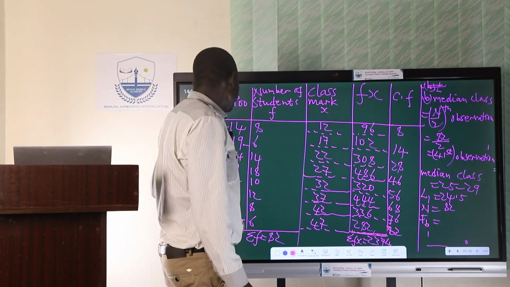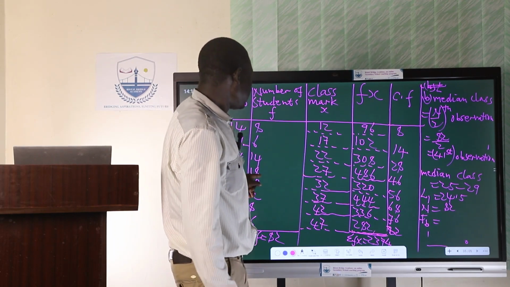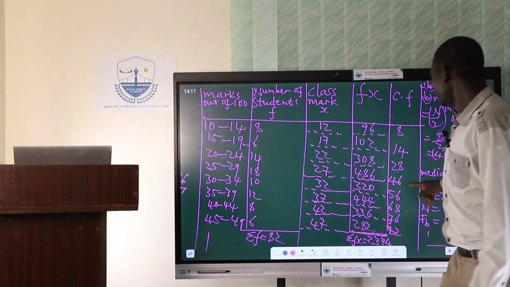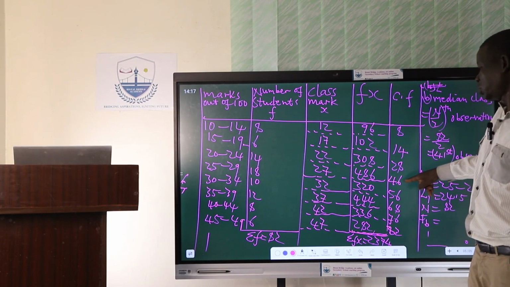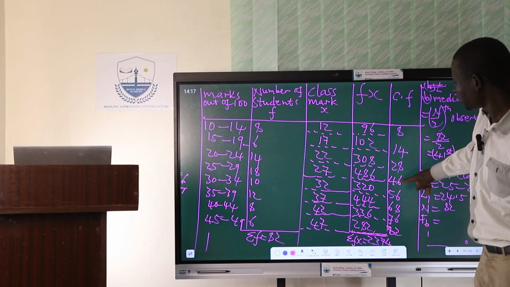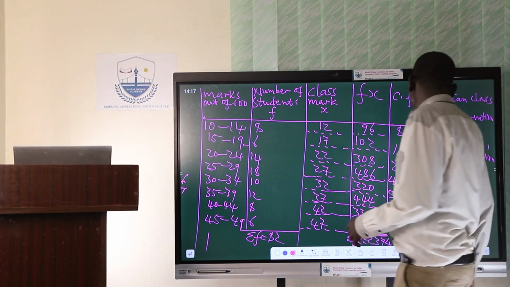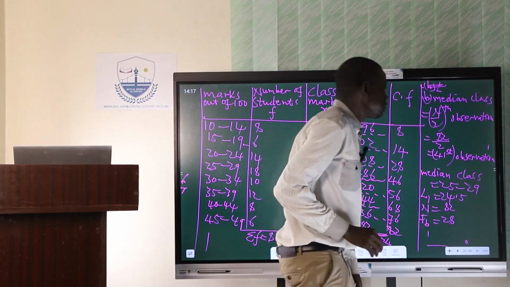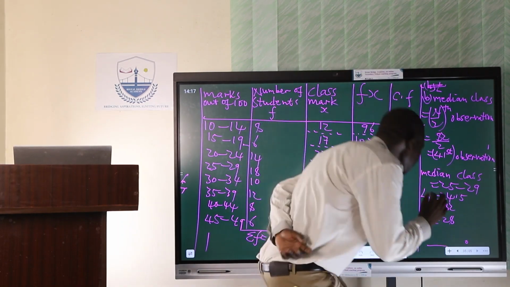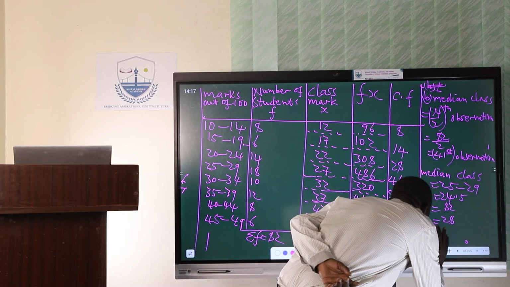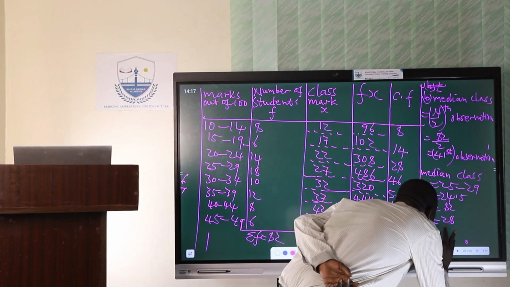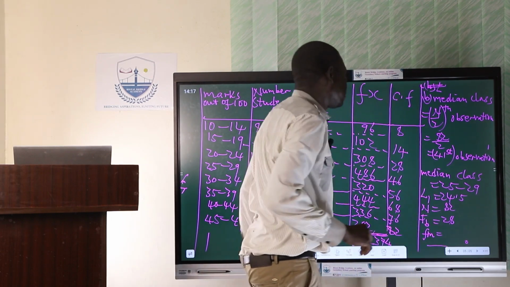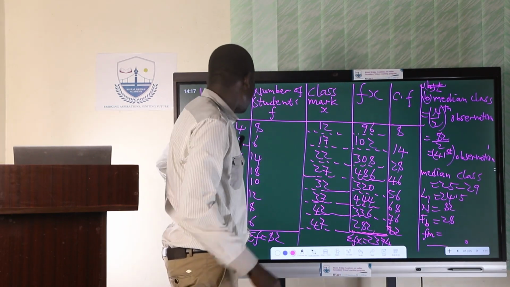The cumulative frequency of the median class is 46, but the one before it is 28. So FB is equal to 28. Then also we shall get FM, where FM stands for the frequency of the median class.